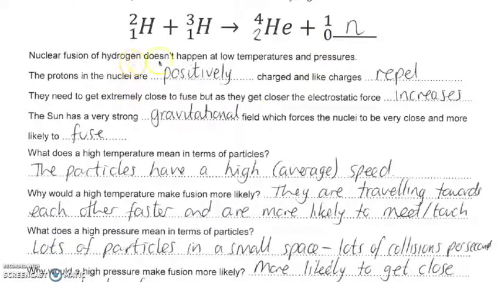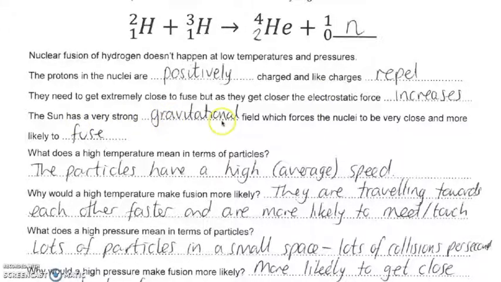So nuclear fusion of hydrogen doesn't happen at low temperatures and pressures. The protons in the nuclei are positively charged and like charges repel. So they need to get extremely close to fuse, but as they get closer the electrostatic force increases. So essentially, we need these high temperatures and pressures in order for this to occur.